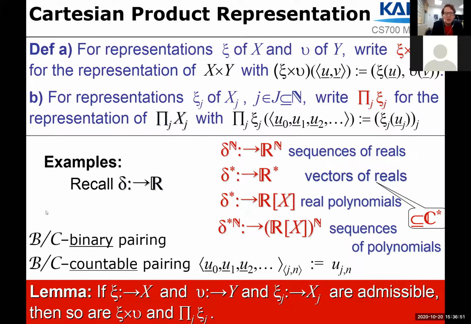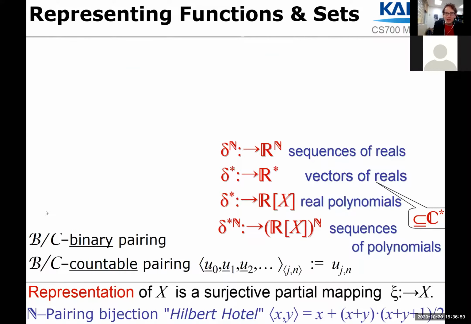So that's a strong indication that this construction is indeed natural and well behaved. But I've already announced our goal for the rest of today's lecture: to devise representations for spaces of functions and spaces of sets.